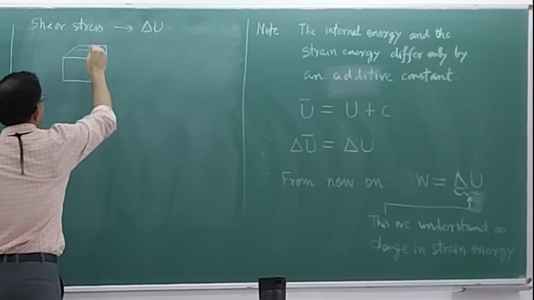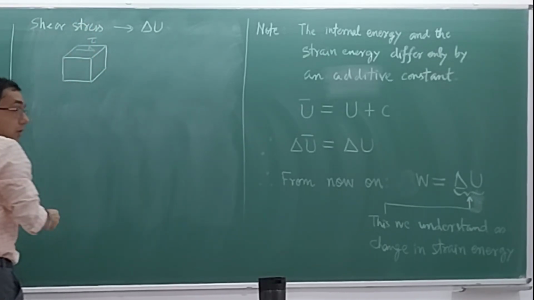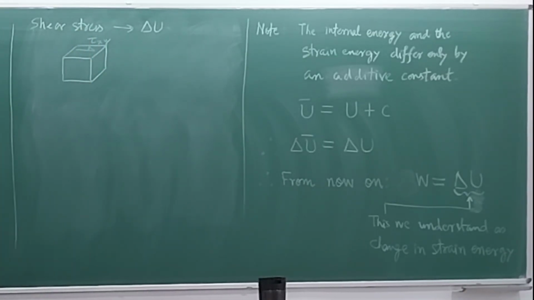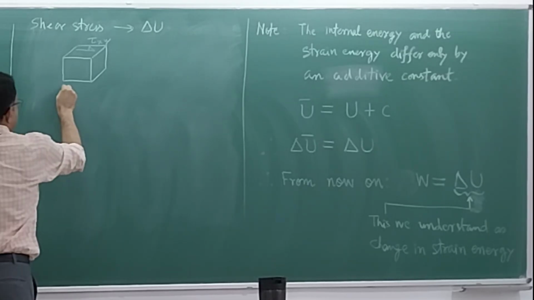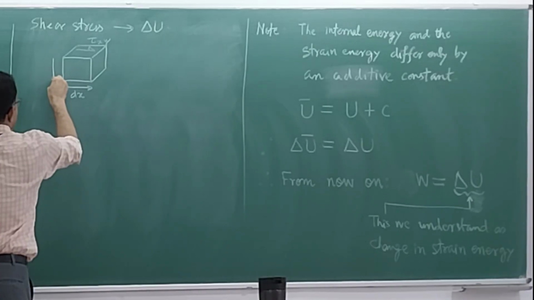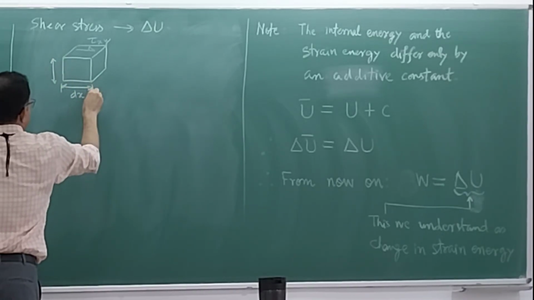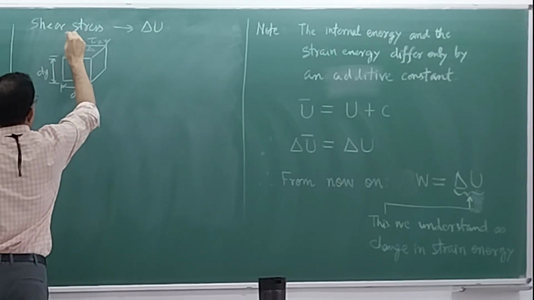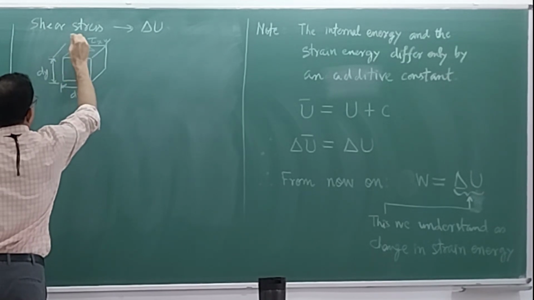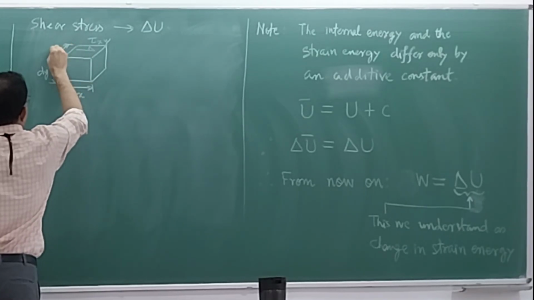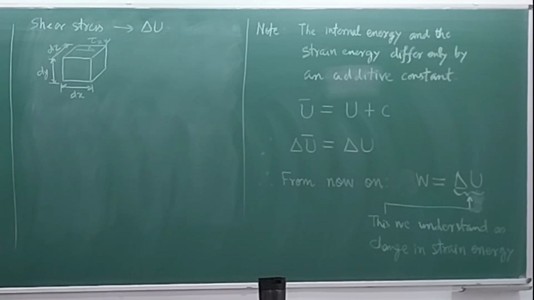What is this? This is tau yx, but we'll call it tau xy only. Tau xy is equal to tau yx. And again, just like before, this is dx, this is dy, and this is dz.